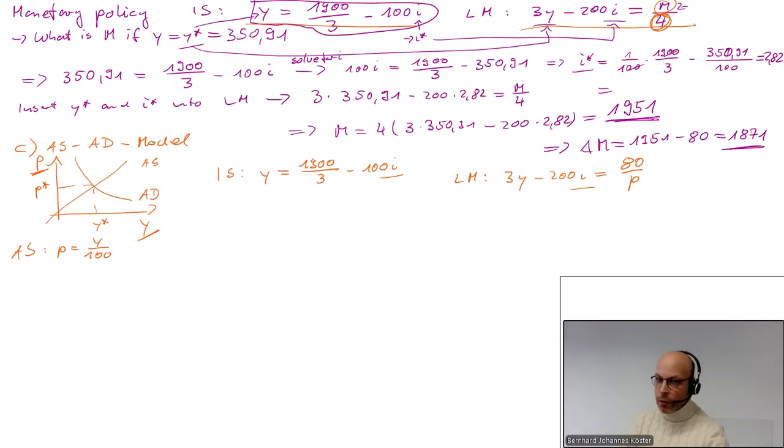You can solve both equations for I and equate these two equations, or solve one of these equations for I and put it into the other one. So in this case, let's say solve this for I.